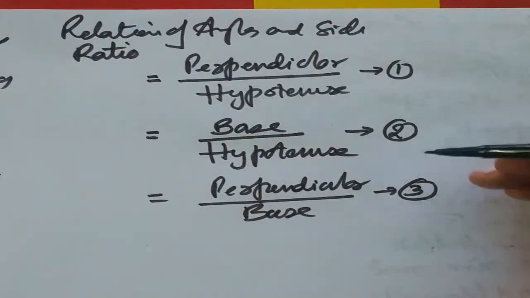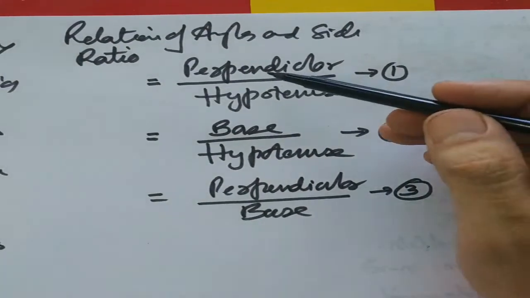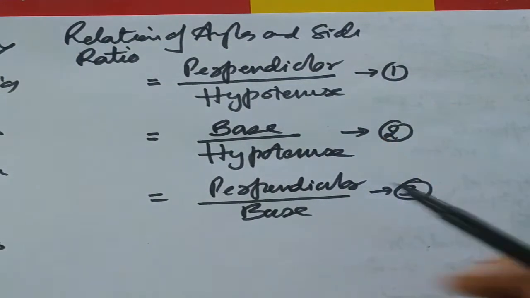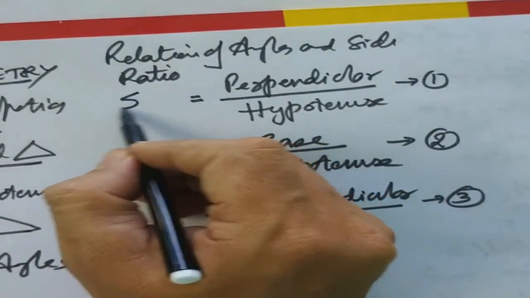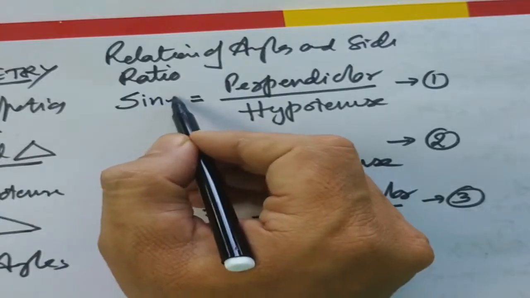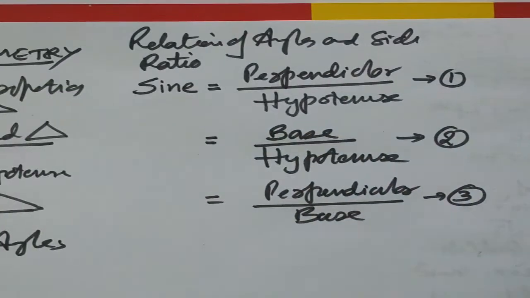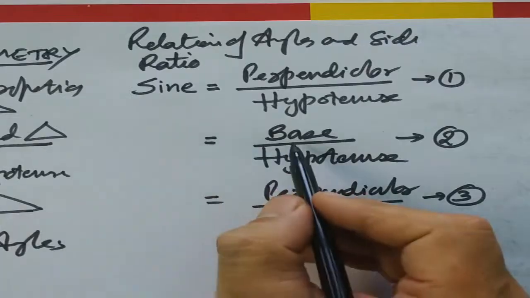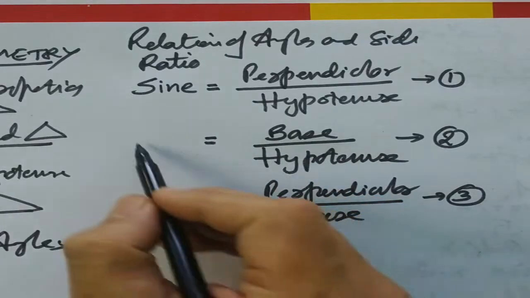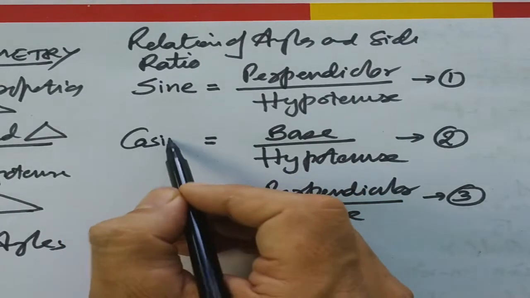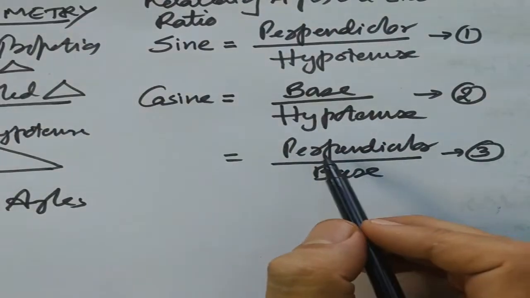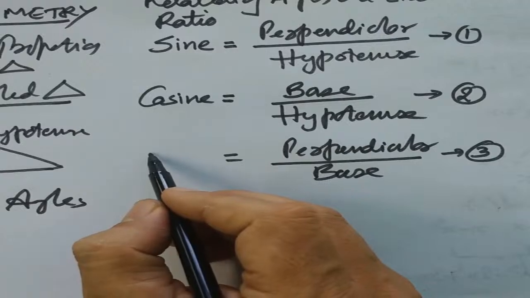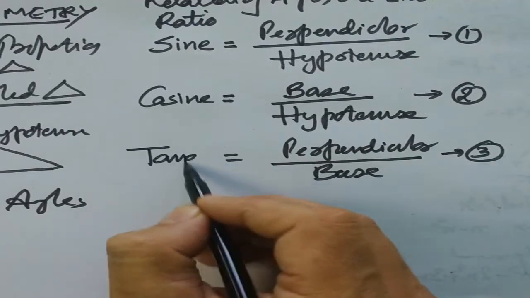Now, since you are studying this in class 10, the ratio of perpendicular and hypotenuse is called by a name, which is the sine. Then the ratio between base and hypotenuse is called the cosine. And the relation between perpendicular and base is called the tangent.